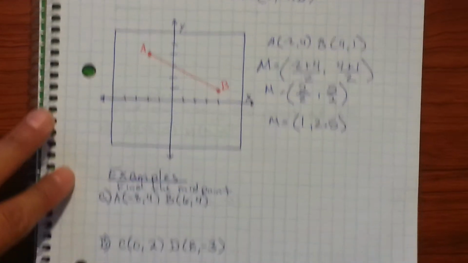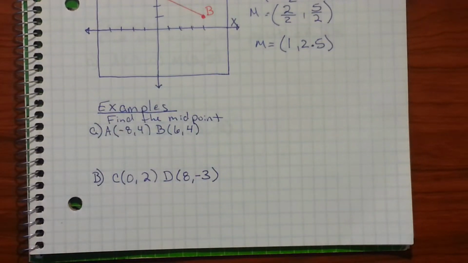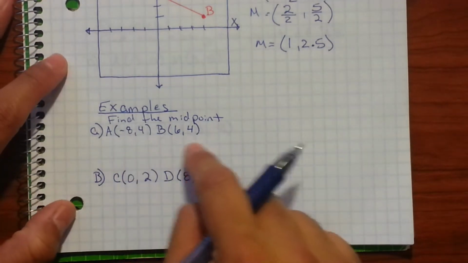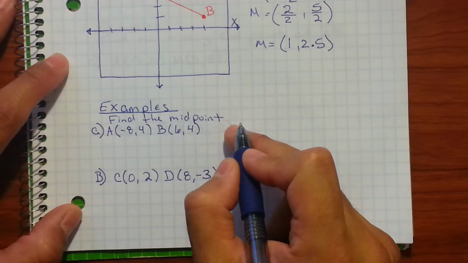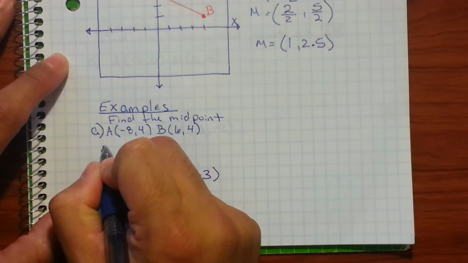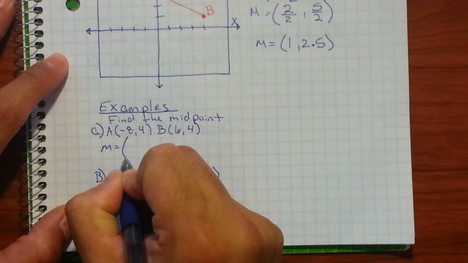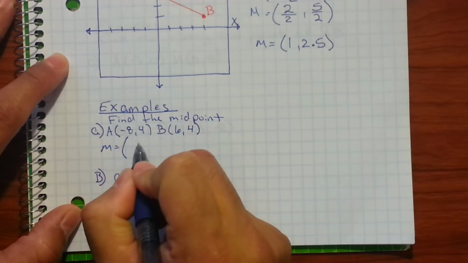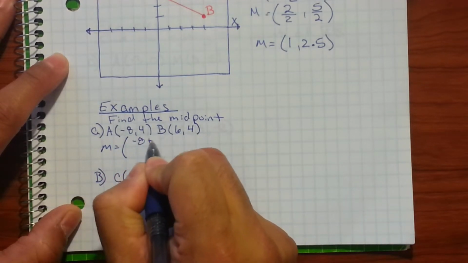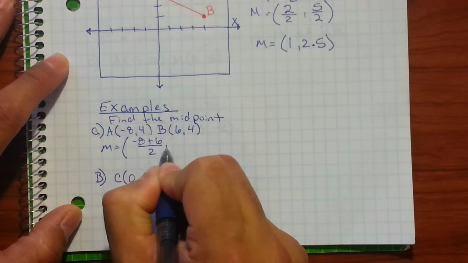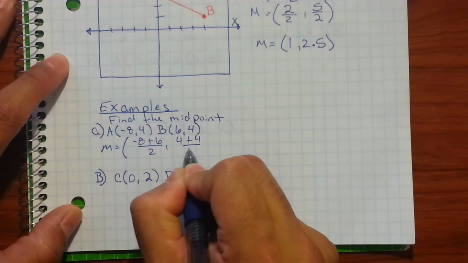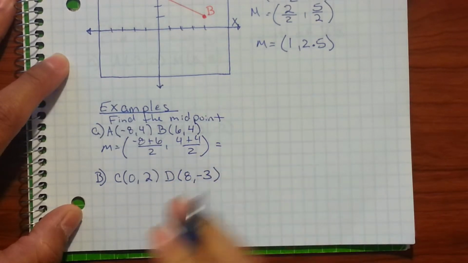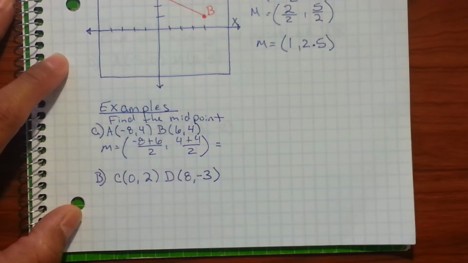Alright, now we're going to do a couple more examples of the midpoint. On these examples, we're going to use the same formula. So m is equal to negative 8 plus 6 over 2, comma, 4 plus 4 over 2. Let's see what that's going to give me.